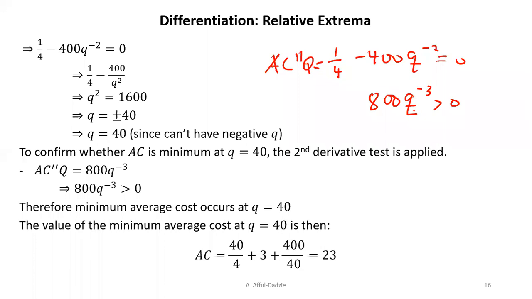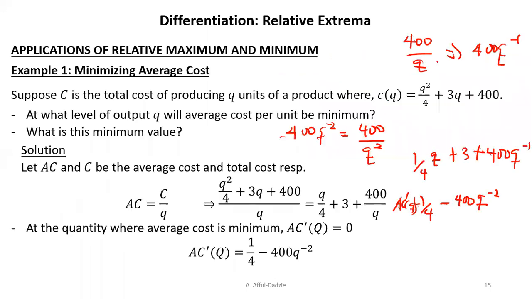Now, what is that average cost? We must take Q, which is equal to 40, and substitute it into the average cost function that we found. So what was the average cost function? Let's go back and look. So we found this as the average cost function here. So let's substitute Q into this expression and find our average cost.